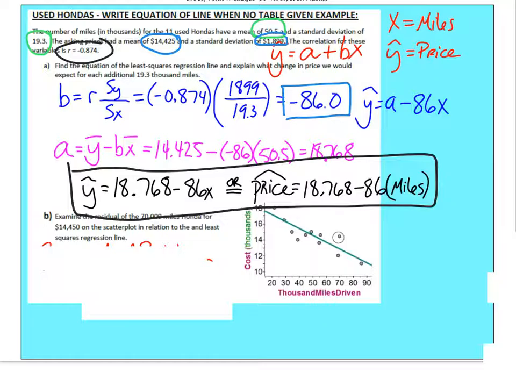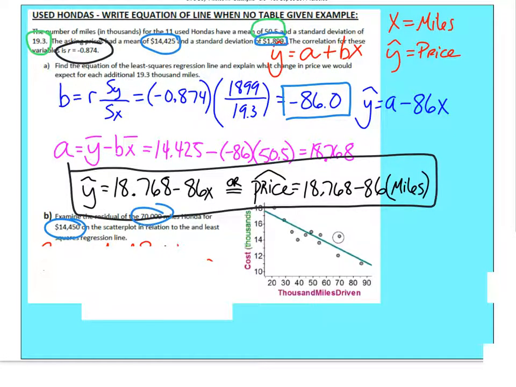Now part B wants us to examine the residual for the 70,000 mile Honda, which cost $14,450. So we have this basic information. Remember, residual is observed minus predicted, or the actual value minus the predicted. So our actual value is 14,450. We can compute the prediction at 70,000 miles.